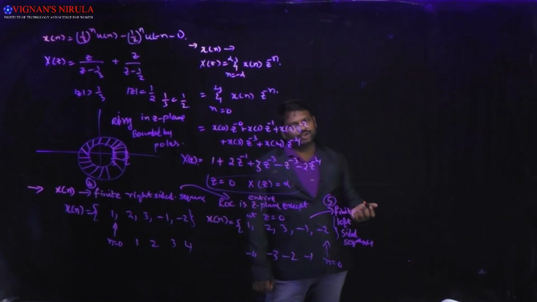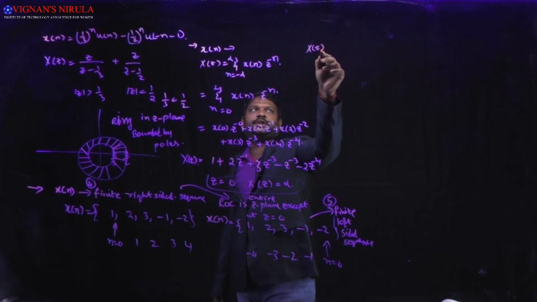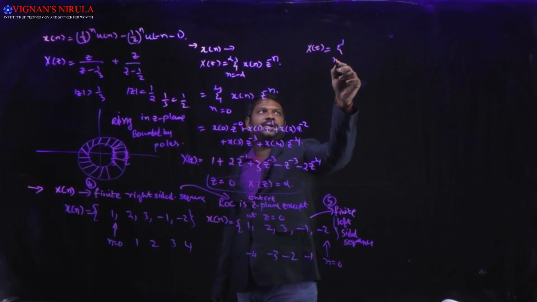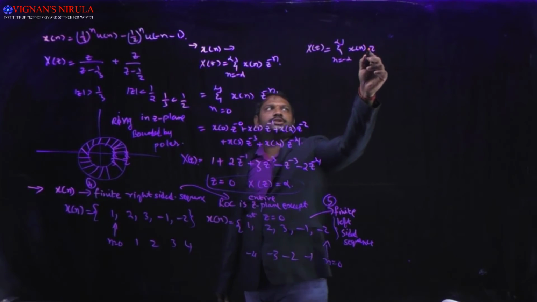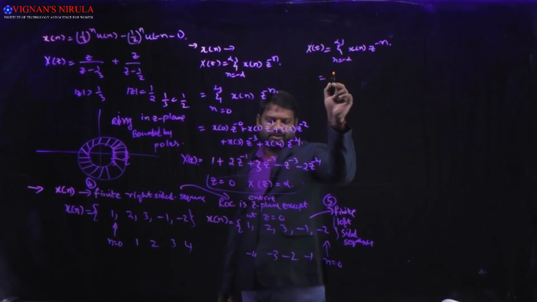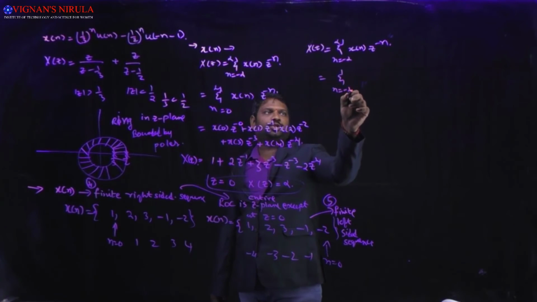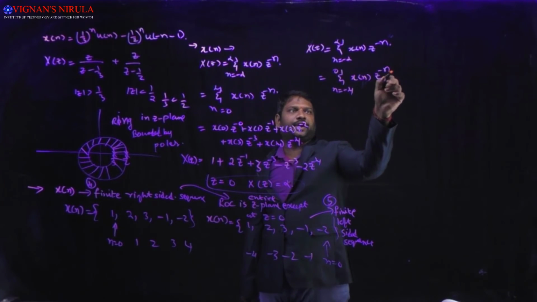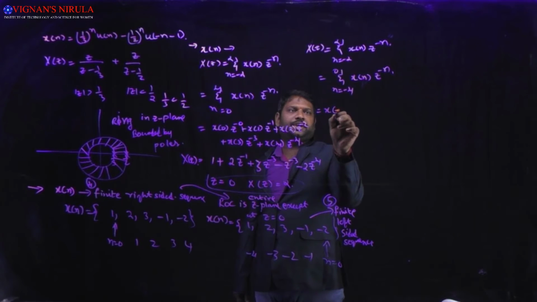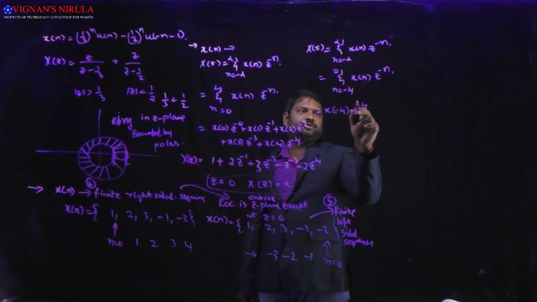What happens to its ROC? We'll see it by simply taking its z transform. X of z as summation n varies from minus infinity to infinity x of n z power minus n. Put n is equal to minus 4 to 0: x of minus 4 z power minus n, that is z power 4, since minus of minus 4 means plus 4.